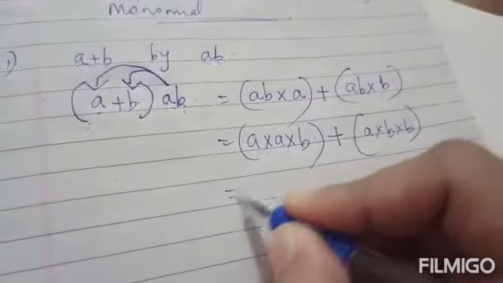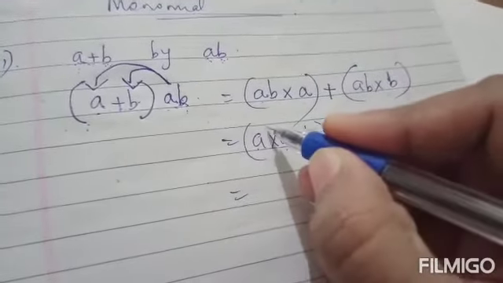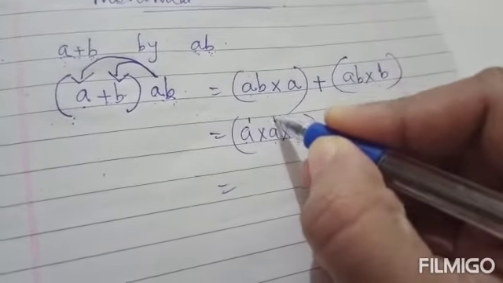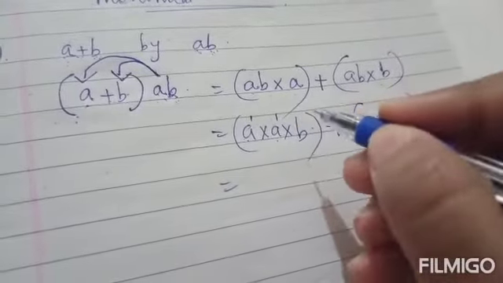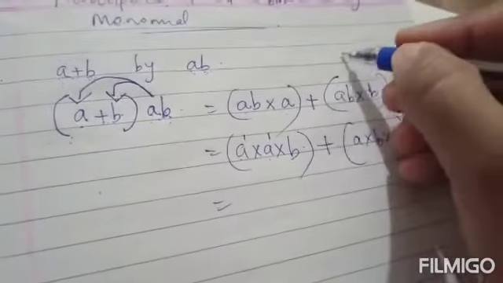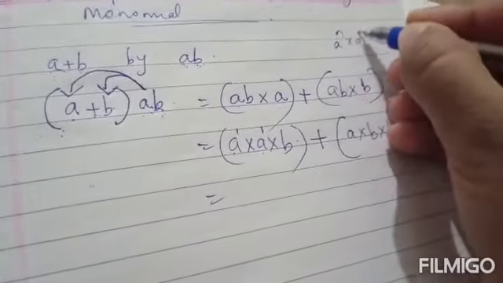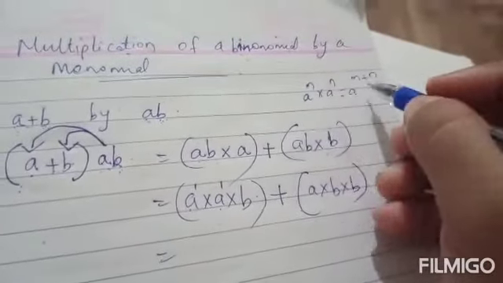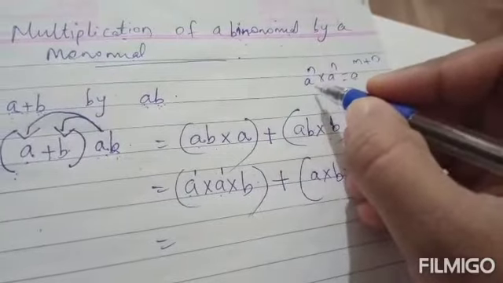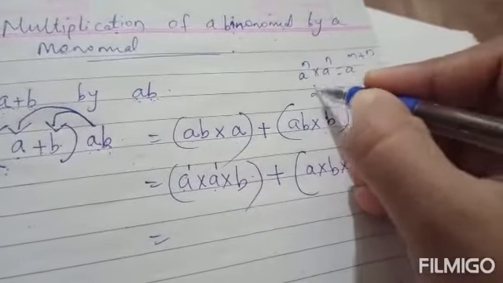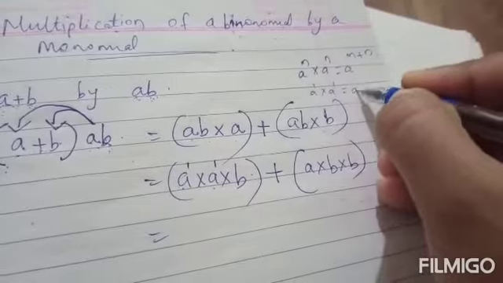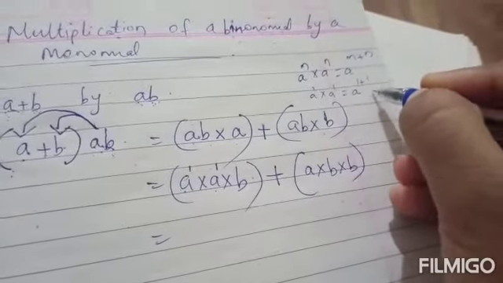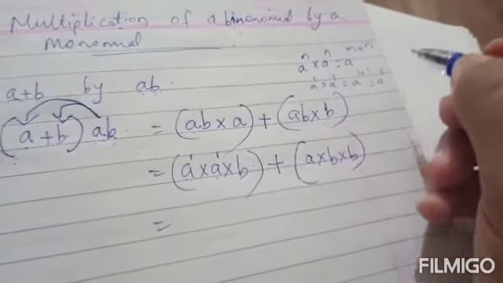Now A into A, that is A raised to 1 into A raised to 1. It is A raised to 1 plus 1. We know that rule. A raised to m into A raised to n equal to A raised to m plus n. If you are multiplying, we always use this. This is product law. So A raised to 1 into A raised to 1, it is A raised to 1 plus 1, that is A raised to 2.